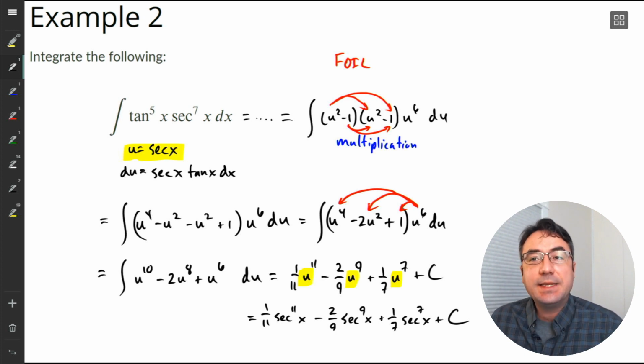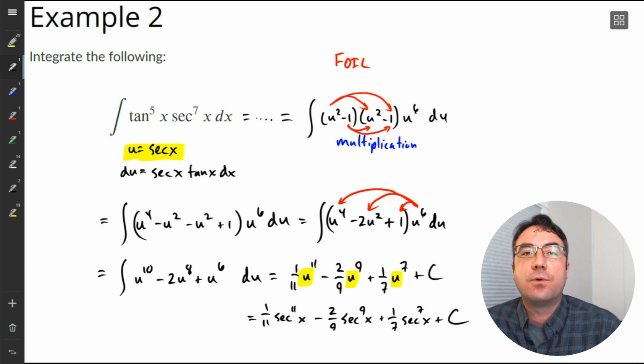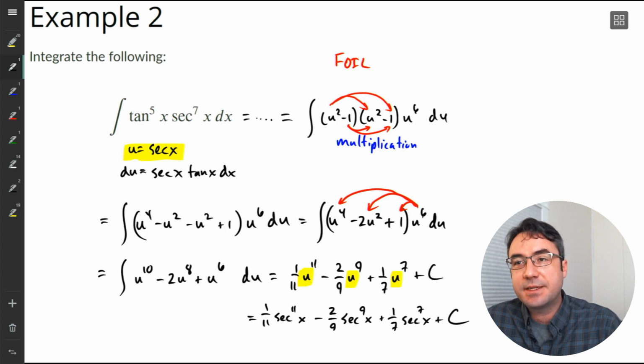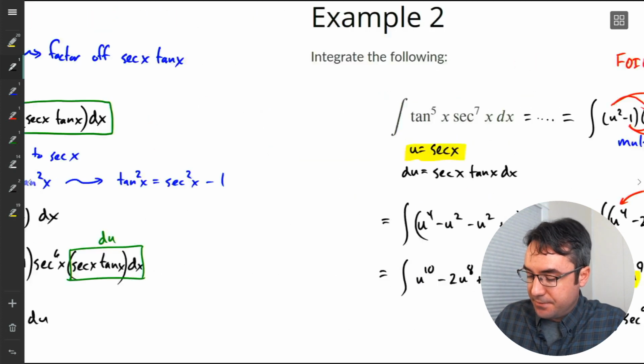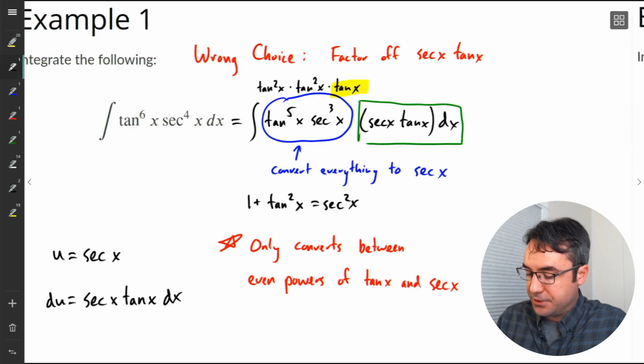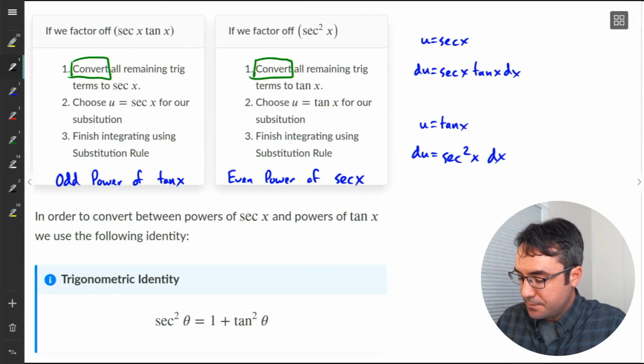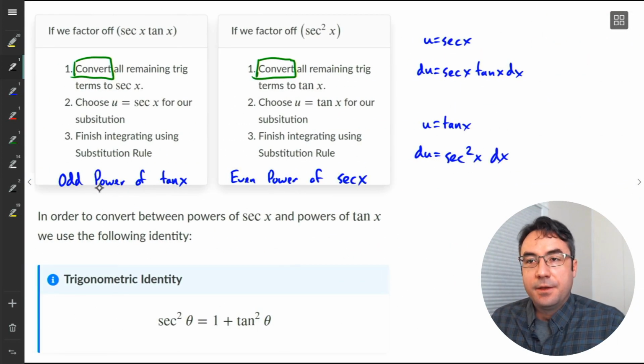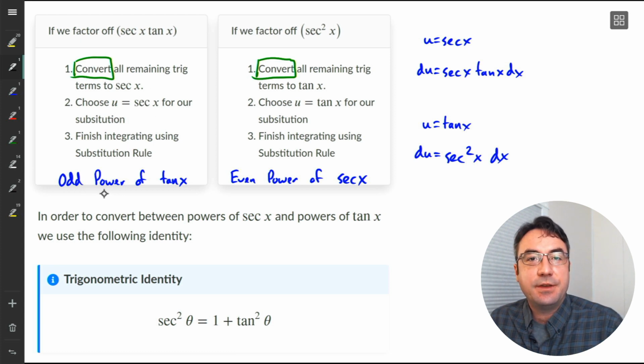So that's really the main technique we're going to see for integrating these powers of tangent and secant: to try to do a substitution. What we'll see next time is, if we go back to our strategy, this first strategy generally works if we have an odd power of tangent.